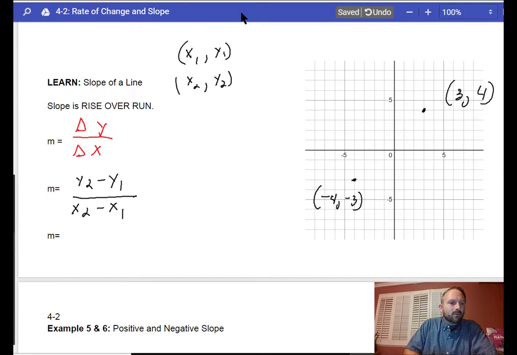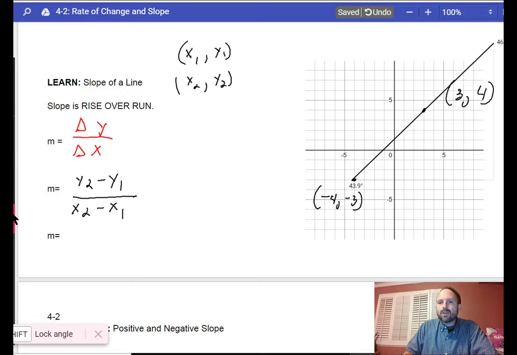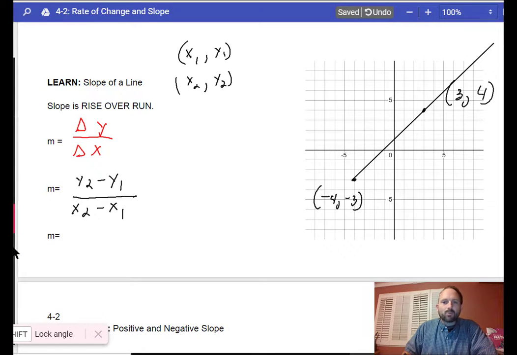So basically what we have to understand is what is the rise over the run. Well, this is where we come with the slope triangles. We figure out how much up does it go. After that, how much to the right does it go? That's the rise over the run.